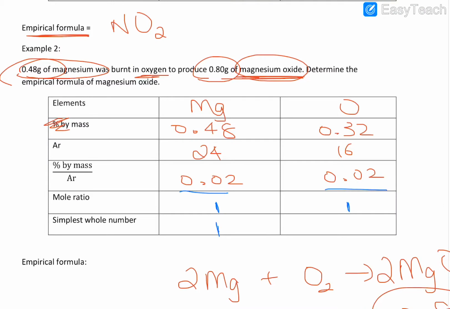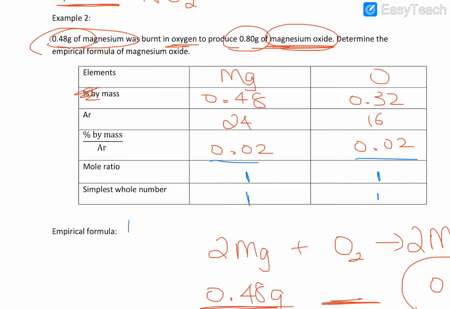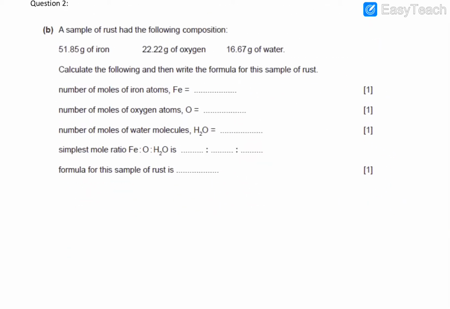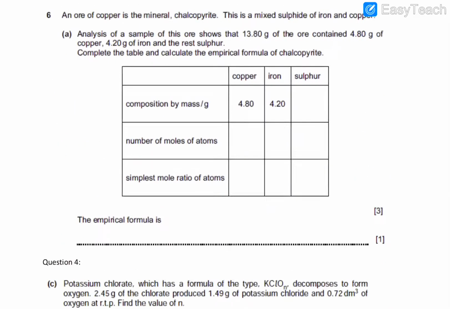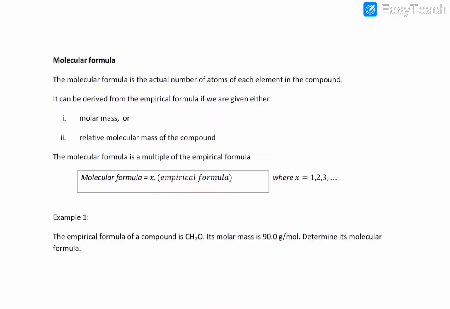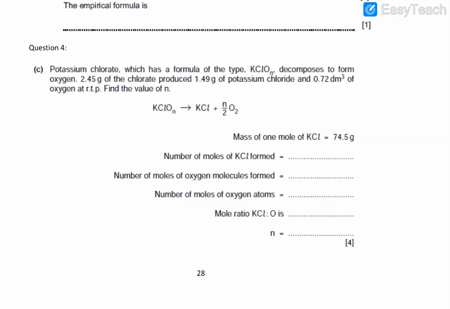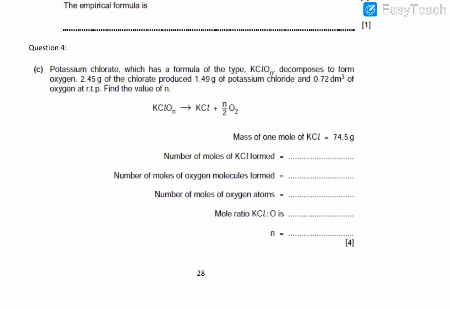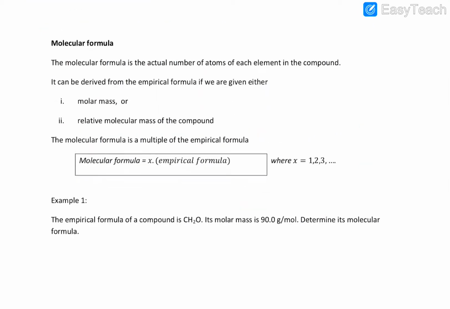So the simplest whole number ratio is 1 to 1, and the empirical formula is MgO. So you are going to try these questions here. I'm going to give you the answers when we meet again.